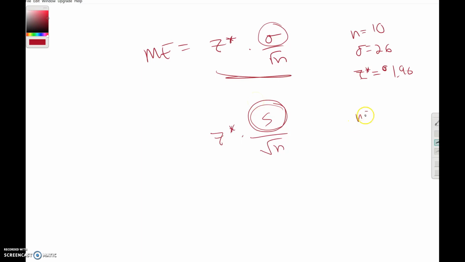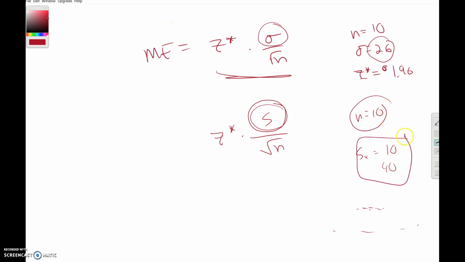Now, if you take a sample of size 10, your sample standard deviation might not be 26. If you get 10 points really close, it might be 10. Or if you get them really far apart, it might be 40. There's a lot of variability in that sample standard deviation. In other words, when your sample size is small, these are not good estimators for that.